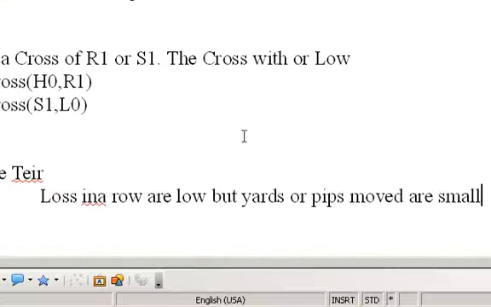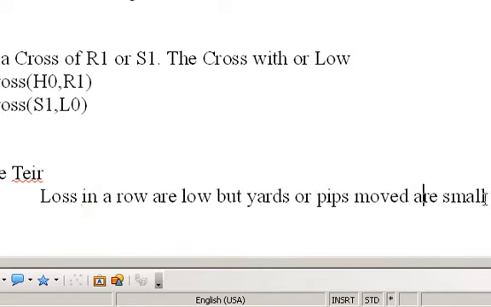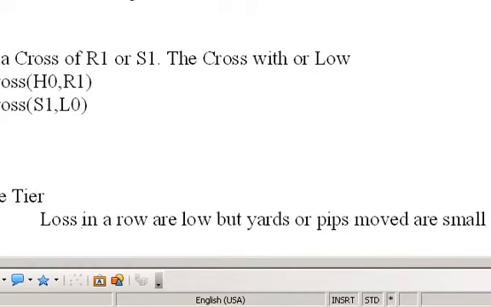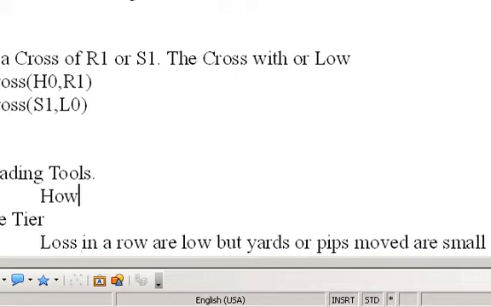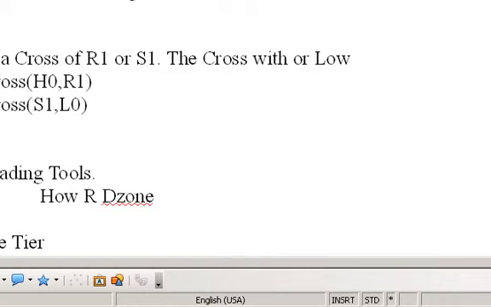And this data can be proven through what's called your D-zone indicator. We can prove this out through a D-zone indicator. All right, so our targets, we have a trading tool also. Our trading tool is how big is the D-zone? How big is the R D-zone, the resistance D-zone? We can use this to calculate stuff.